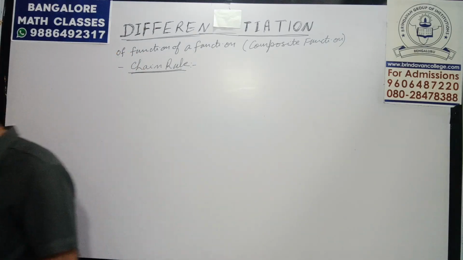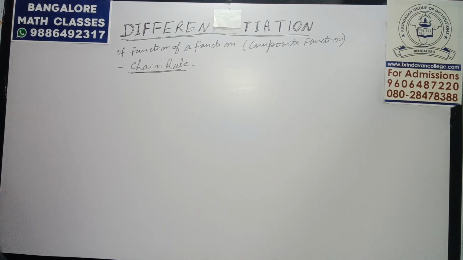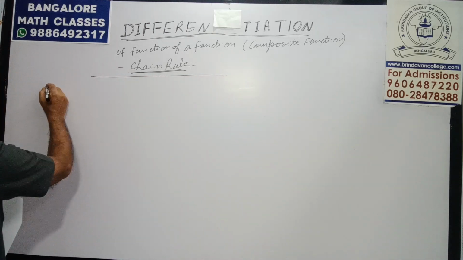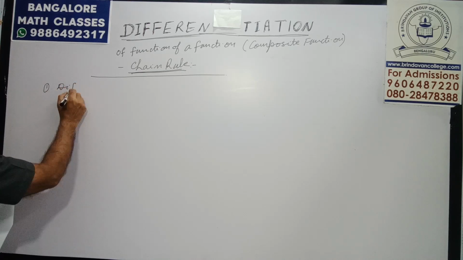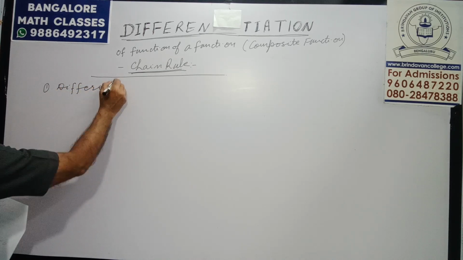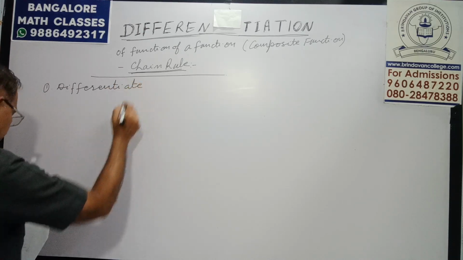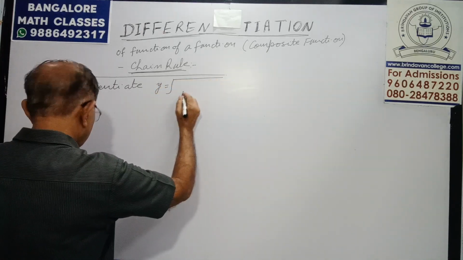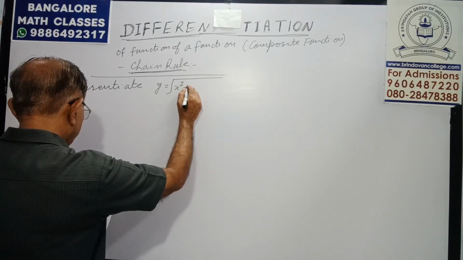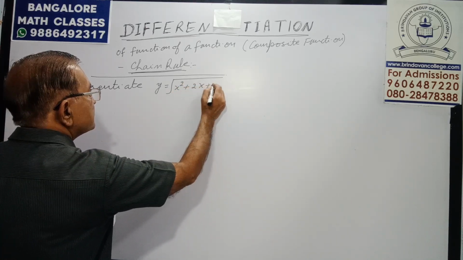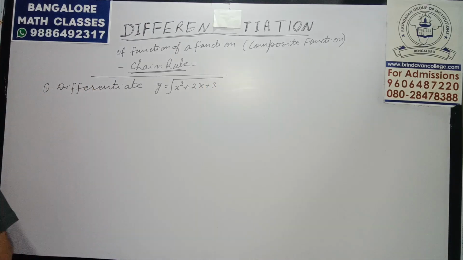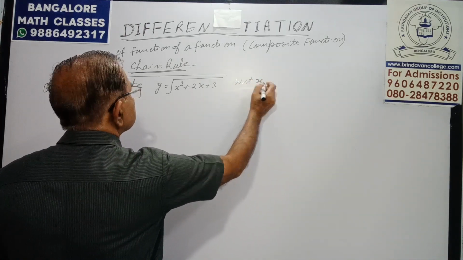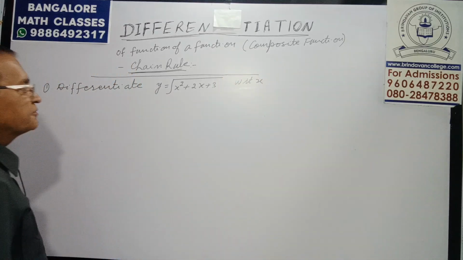See, the first sum is: differentiate y equals root of x square plus 2x plus 3 with respect to x.